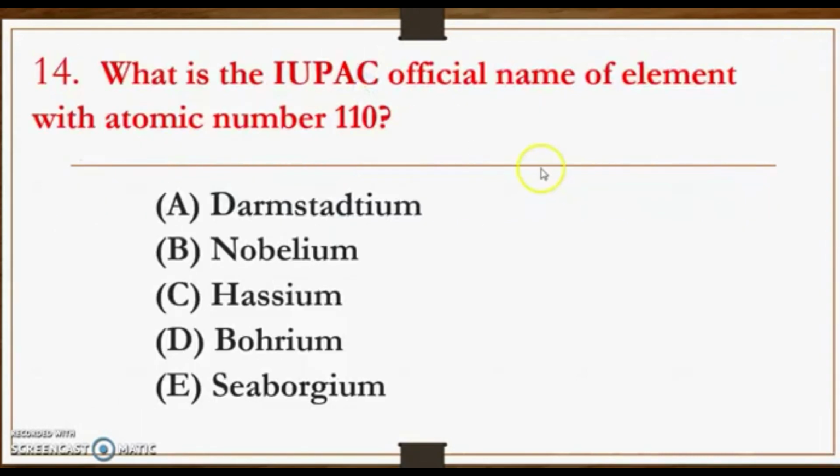Let us go for the next one. What is the IUPAC official name of the element with atomic number 110? We know that the International Union of Pure and Applied Chemistry suggests names for new elements. The answer is that 110 is Darmstadtium.